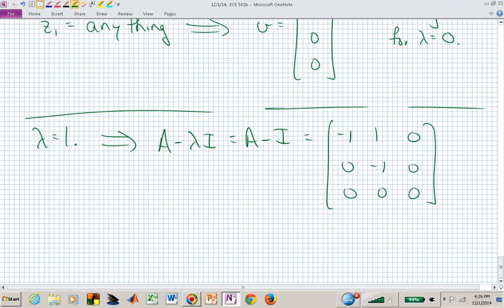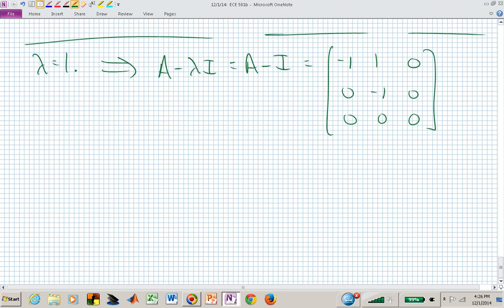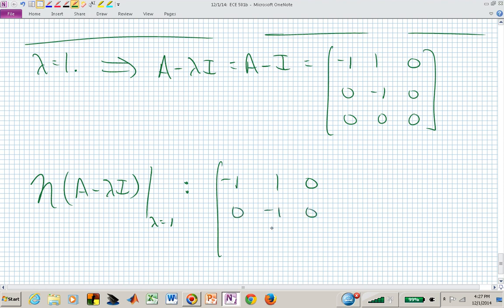We want to find non-zero vectors such that, when pre-multiplied by that matrix A minus I, they give us the 0 vector. So we're looking for vectors that live in the null space of A minus lambda I when lambda is equal to 1, where we now have -1, 1, 0, 0, -1, 0, and an all 0 row.